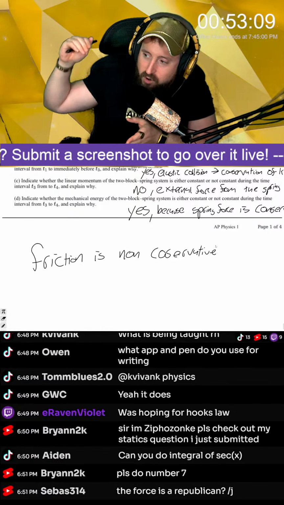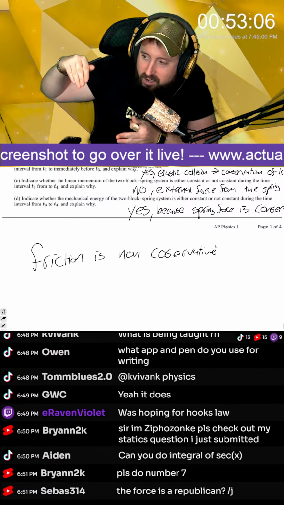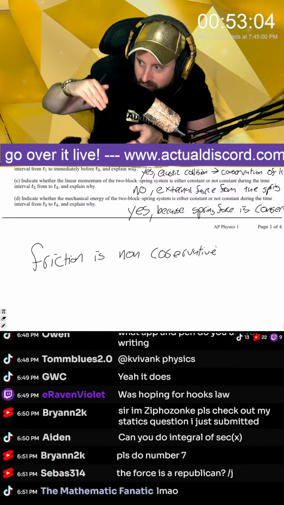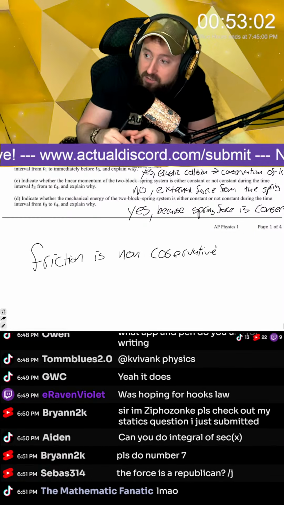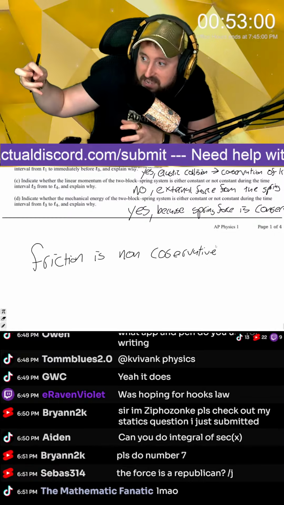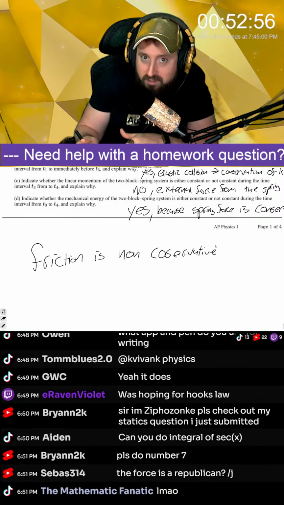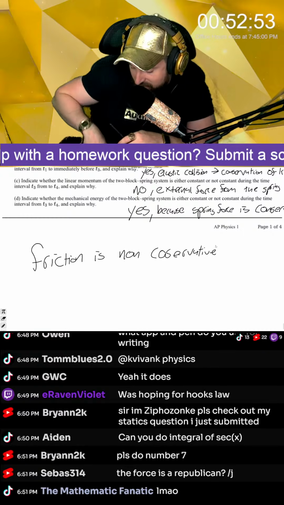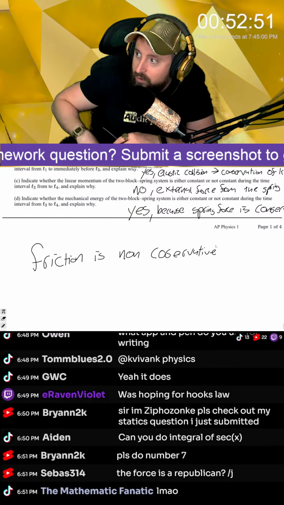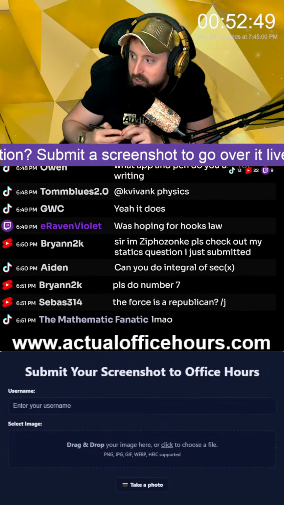If you're going down a hill and you start slowing down because the friction is fighting you, that energy gets lost as heat. You can't grab that heat and turn it back into kinetic energy to get you moving again. That's the difference between conservative and non-conservative forces, and friction and things, yeah?